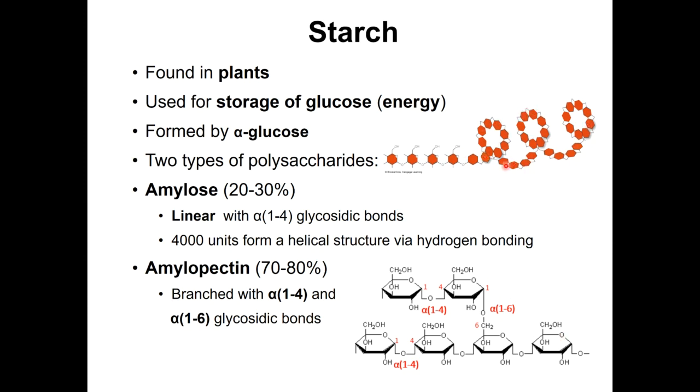Imagine these two of them here, from time to time being joined and therefore forming branching. I say it's more evolved because through the branching, you can actually compact even more glucose and therefore more energy per unit of space.